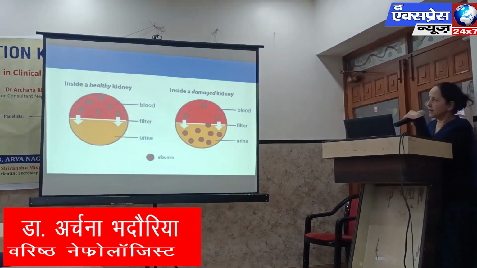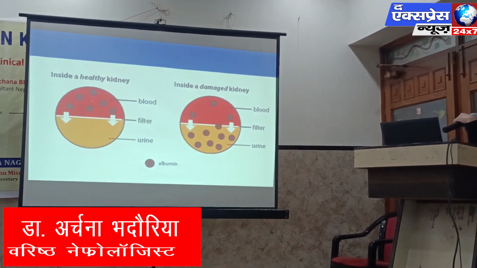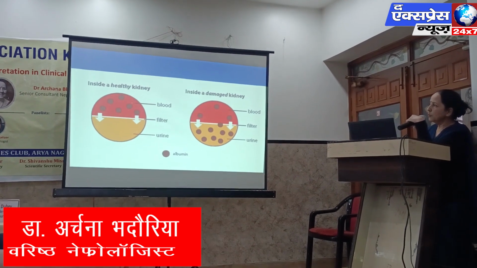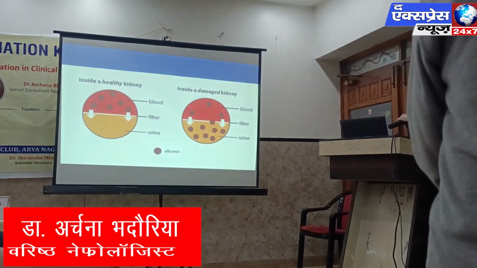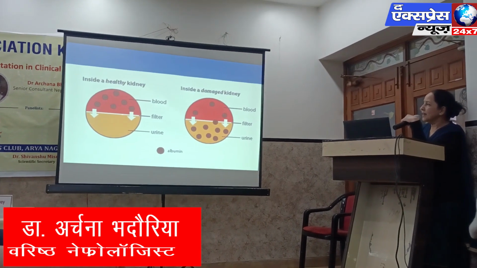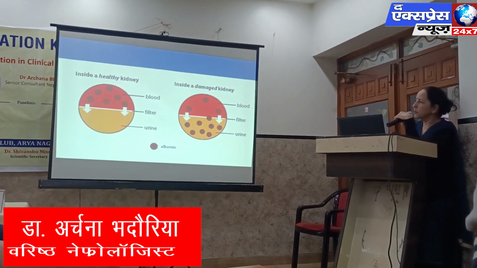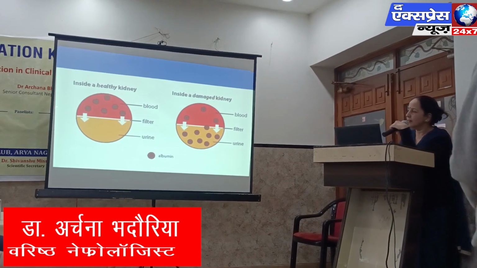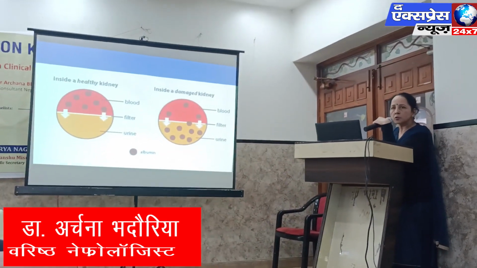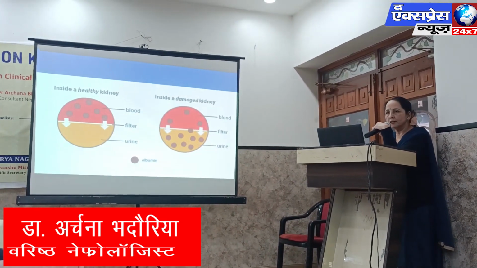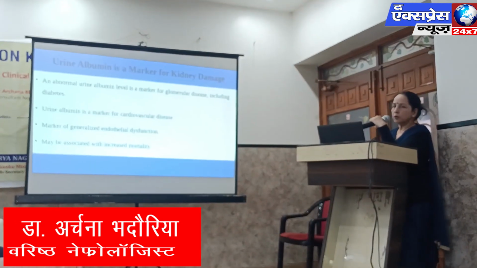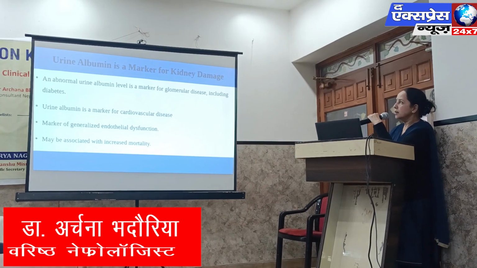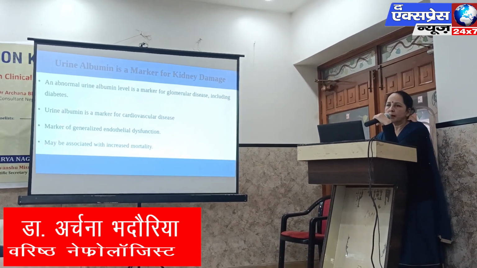So this is the kidney in health. This is the blood. All the albumin is retained over there. The urine is clear and free of proteins. And this white line is the barrier, that is the glomerular membrane, endothelial cells and the epithelial cells. Therefore, it is right to say that urine albumin is a marker for kidney damage.